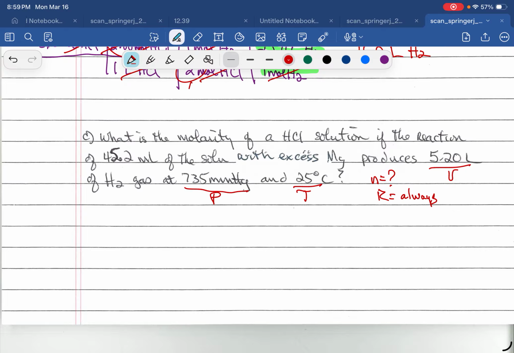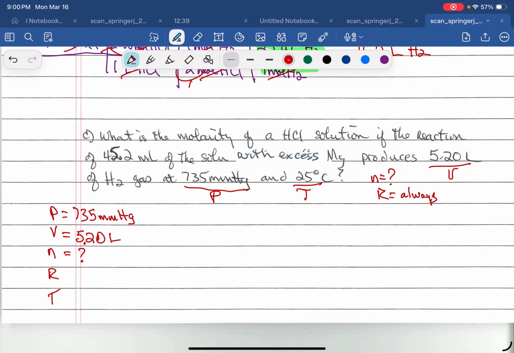So let's write our little formula here. PV = nRT. Pressure is 735 millimeters of mercury. Volume is 5.20 liters. And we don't know n. R, since it's millimeters of mercury, is going to be 62.4.